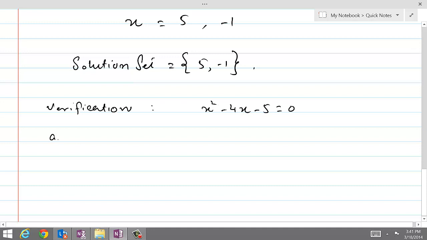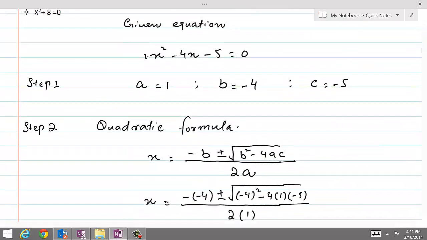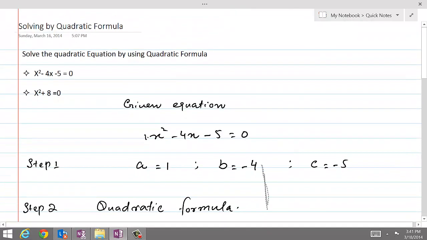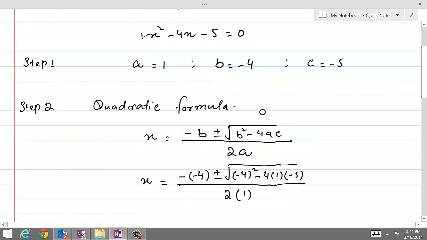So at x equal to 5, the verification goes to x squared minus 4x minus 5.